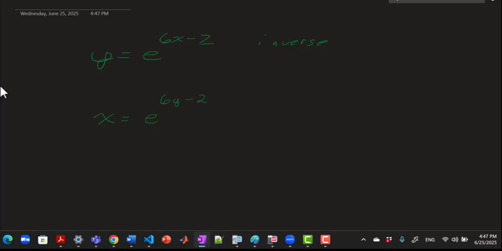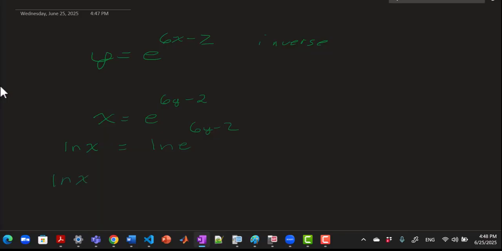Now the way you solve an equation where the variable is in the exponent is by taking the natural log. So I'll have the natural log of x equals the natural log of e to the 6y minus 2. Now you can bring the 6y minus 2 down in front.